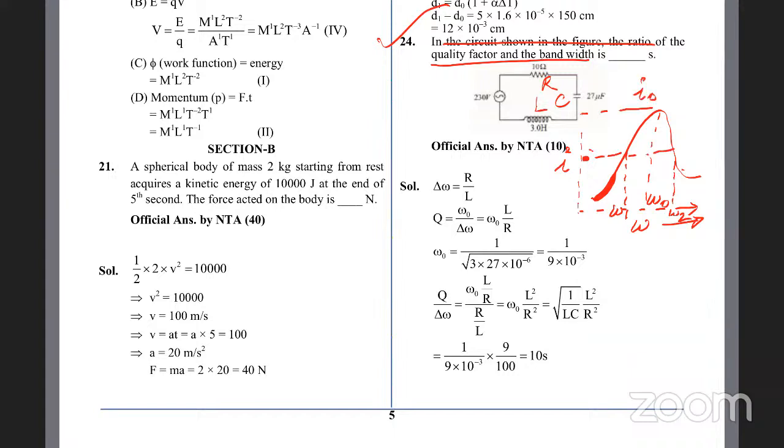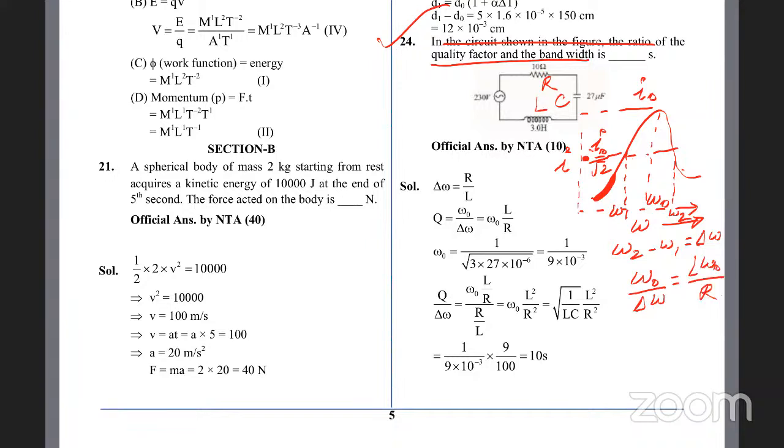That is the RMS value. Then omega 2 minus omega 1 is equal to delta omega. It's called bandwidth. So omega naught by delta omega is nothing but Q factor, which is also equal to L omega naught by R.